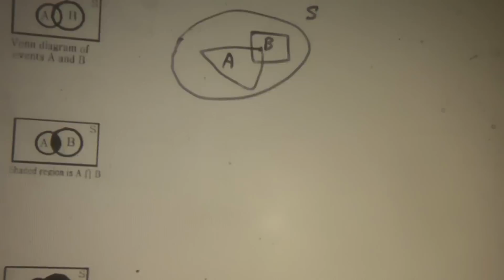Actually, you don't need a rectangle; you can use any shape you like, and the same for event A and event B. You can even say this is my sample space, this is B, and this is A. That's fine too.